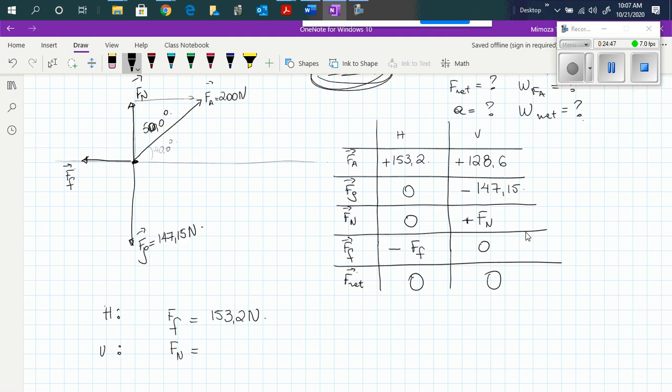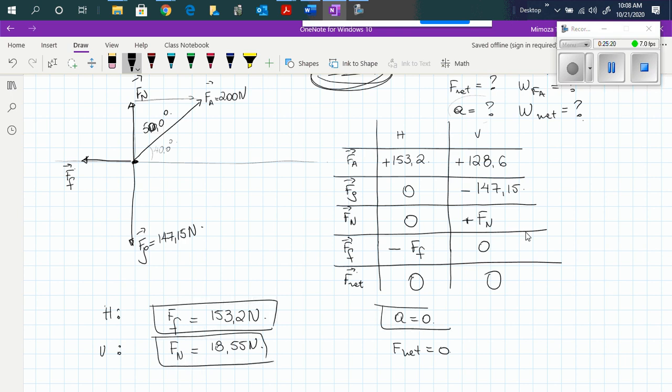See how small it is now: 147.15 minus 128.6, and it is only 18.55 newtons. So we found two. The acceleration is equal to 0 since the object is at rest. Force net is equal to 0. So we found those quantities that the question is asking us for.